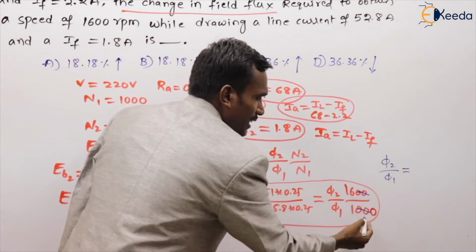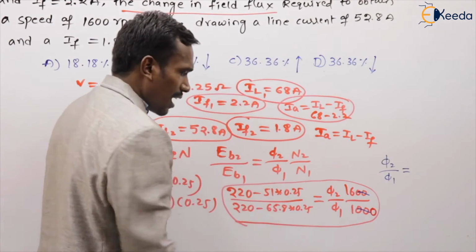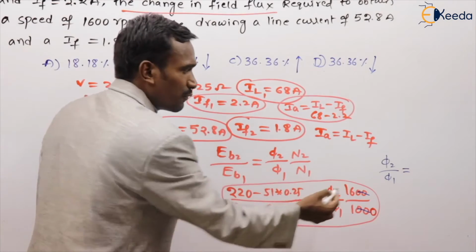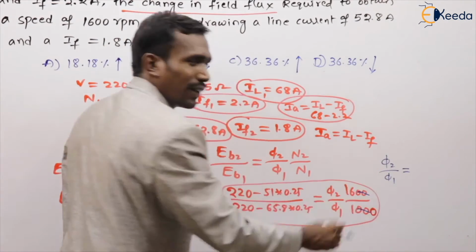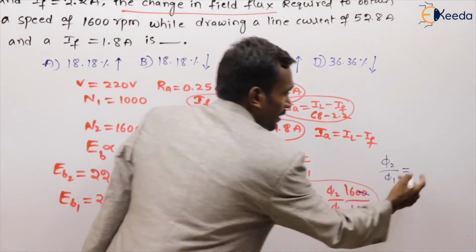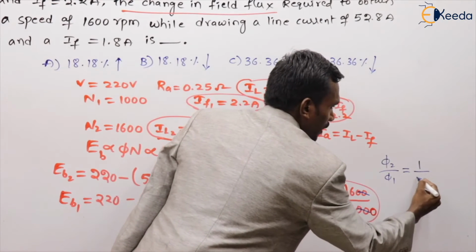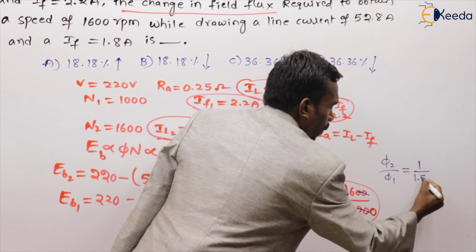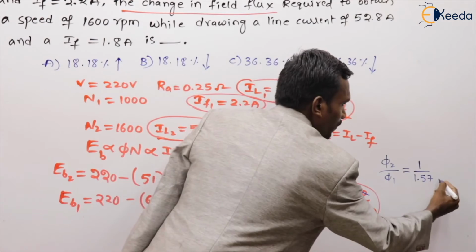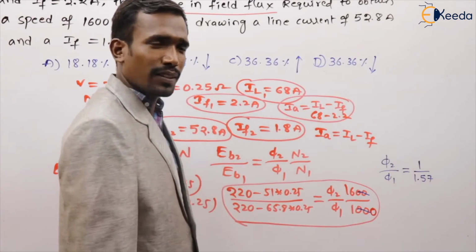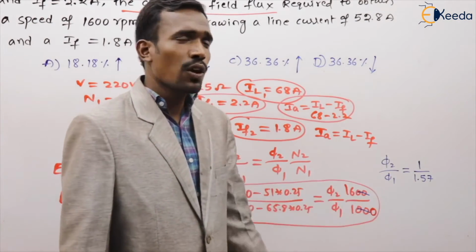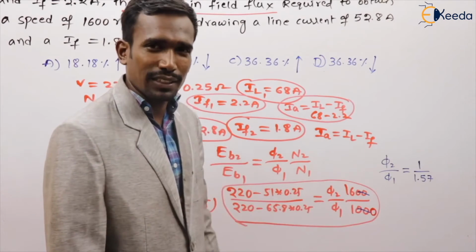These two get cancelled, 16 by 10. And if you calculate here, finally you get phi 2 by phi 1 is equal to 1 by 1.57.